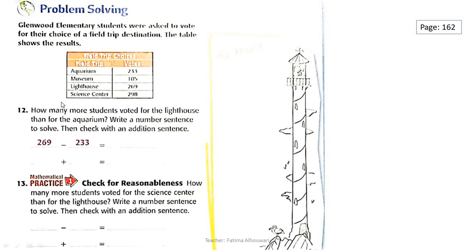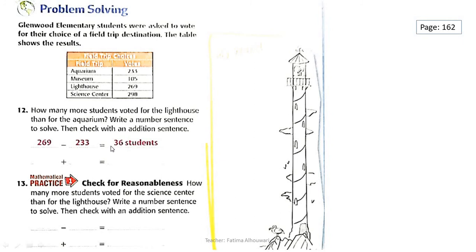You were asked to find how many more students voted for the lighthouse than for the aquarium. This is for the lighthouse and this is for the aquarium. So we should subtract these two numbers. 269 minus 233, and the difference is 36 students.